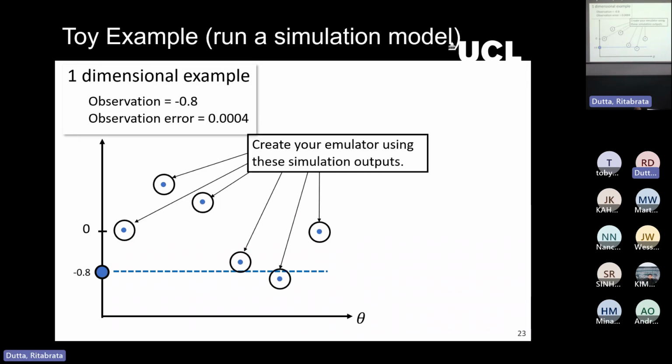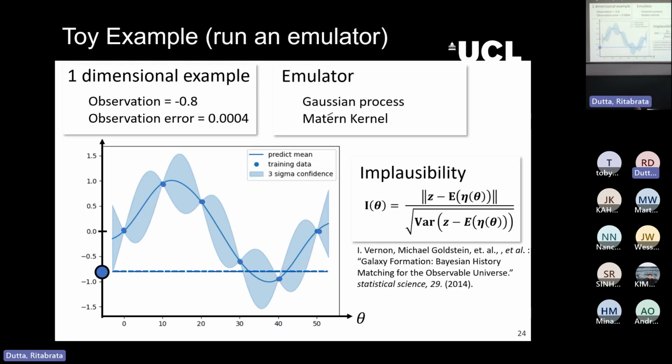After running your simulation 6 times, you would like to create an emulator using these 6 simulation outputs. In this toy example, I use a Gaussian process with a Matérn kernel, and you can have emulation output with its uncertainty. And implausibility in history matching is defined by this formula.